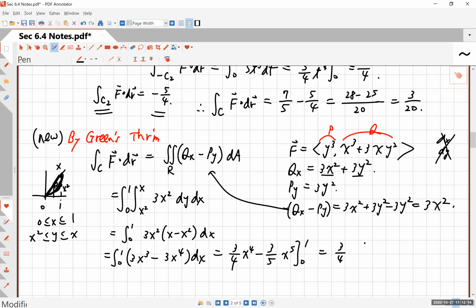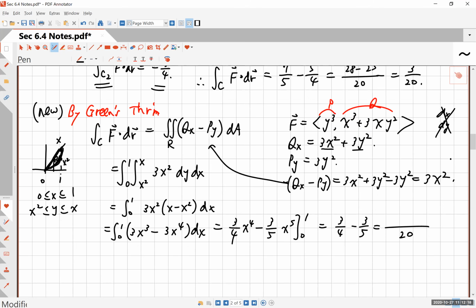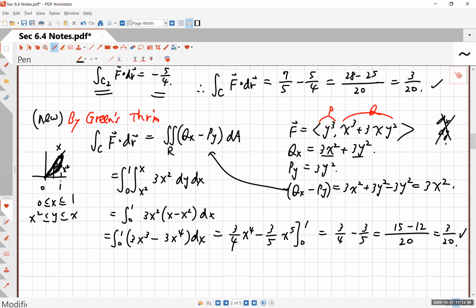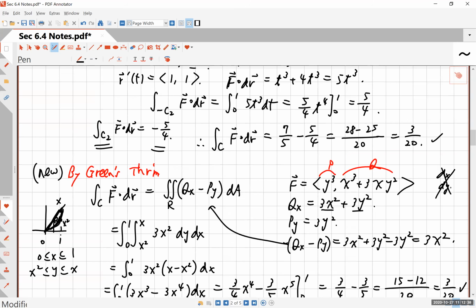So that's 3/4 minus 3/5. And you can still do this, even though it's been a while since you learned how to subtract fractions. It's 15 over 20 minus 12 over 20, which is 3/20. And you say, yay, I got the same answer. Notice it didn't take me a lot of lines to write this.